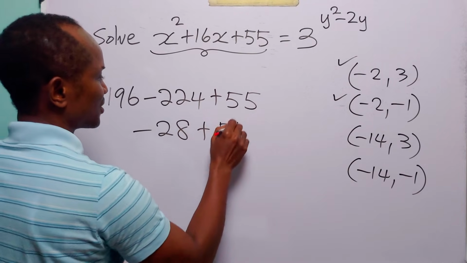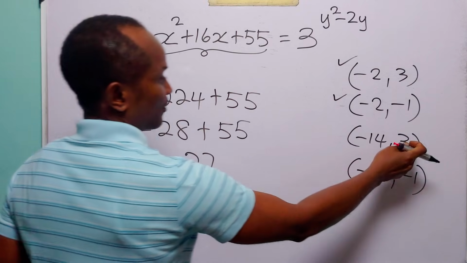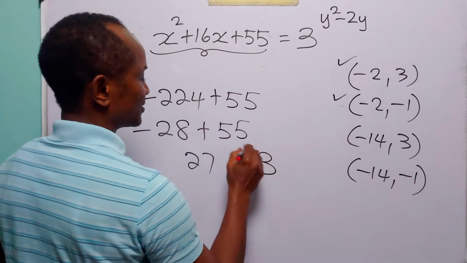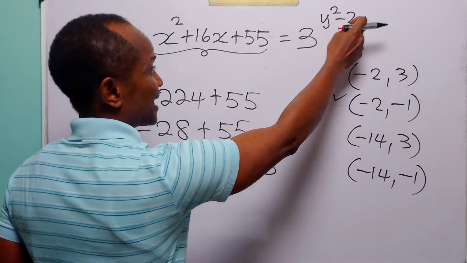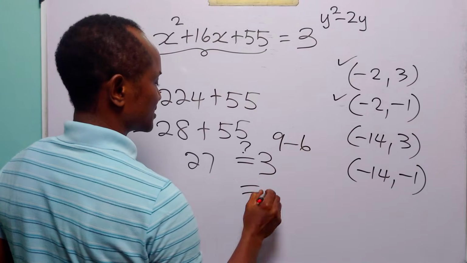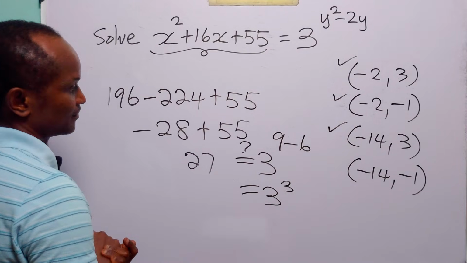Minus 28 plus 55 is 27. Now, y is 3. So on the right hand side, we have 3 to the power 3 squared, which is 9, minus 2 times 3, which is 6. So this is 9 minus 6, 3 to the power 3. So the third point checks out.